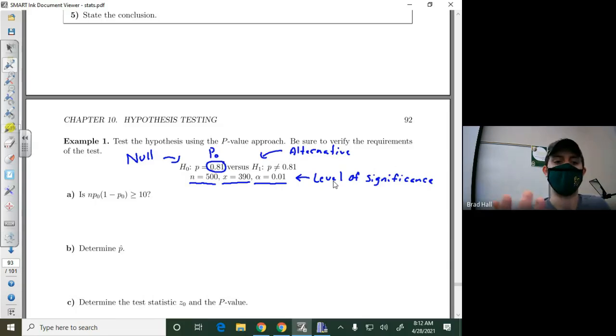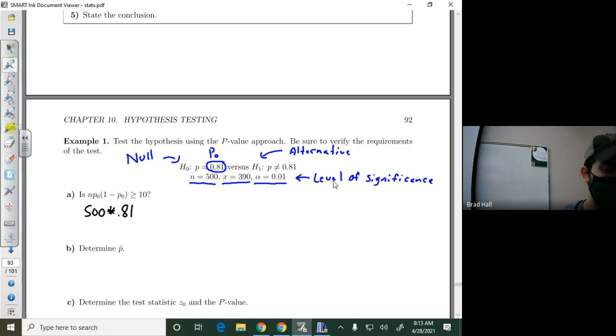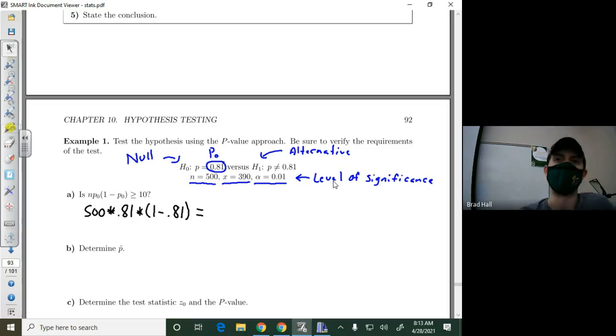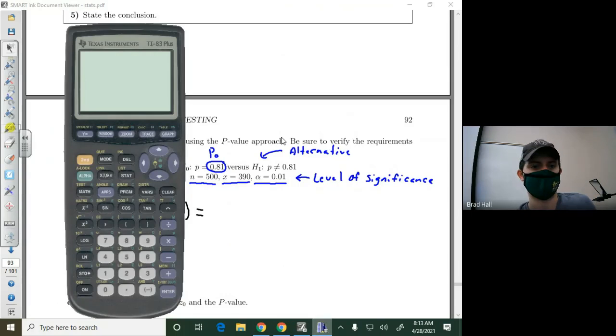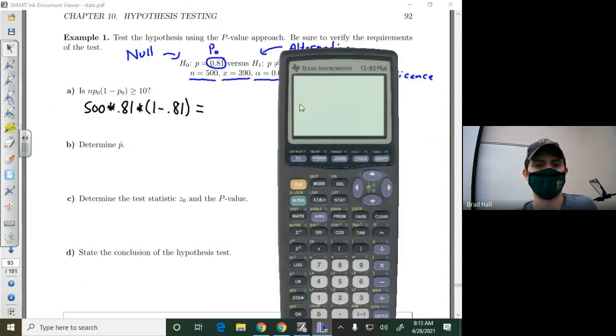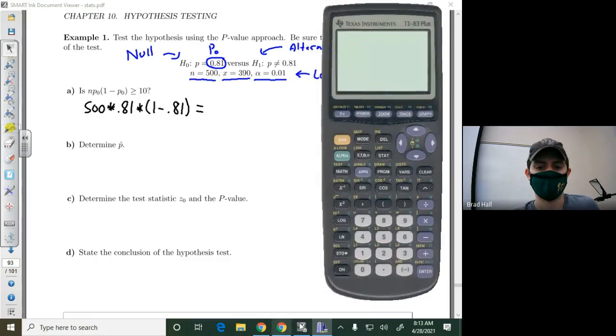So basically we know what n is. n is 500 times p0, which we just said to be 0.81, times 1 minus 0.81. We ask ourselves, is this greater than or equal to 10? Very quick computation we can check. 500 times 0.81 times 1 minus 0.81. Yes, it's definitely greater than 10.